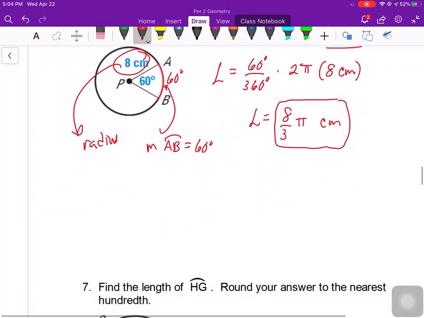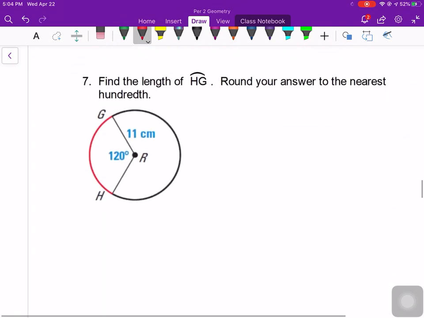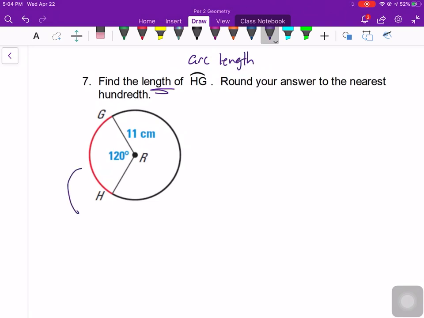Let's try another one of these. So in this problem, we're asked to find again arc length. Once again, we'll need the measure in degrees of the arc. It's the same as the central angle. And then the arc length will be equal to the fraction of the circle, 120 degrees out of 360, times 2 times pi, times our radius.